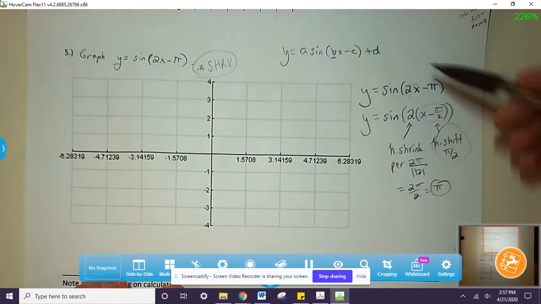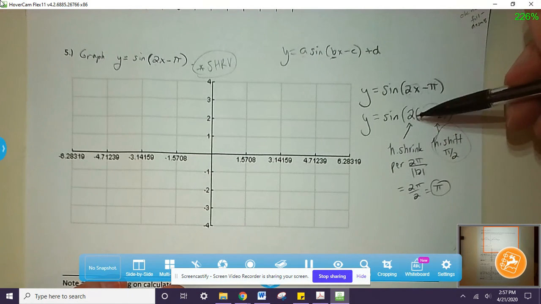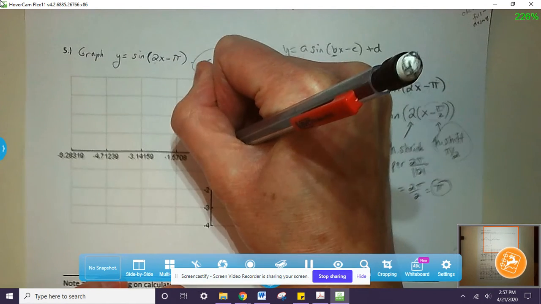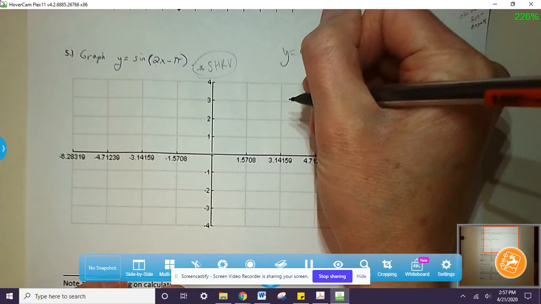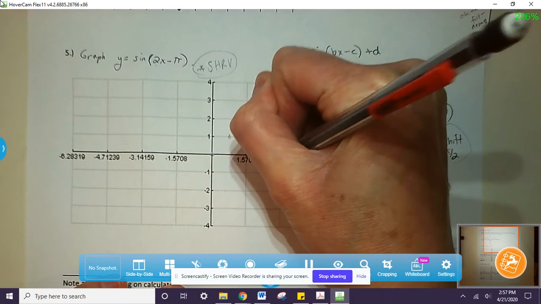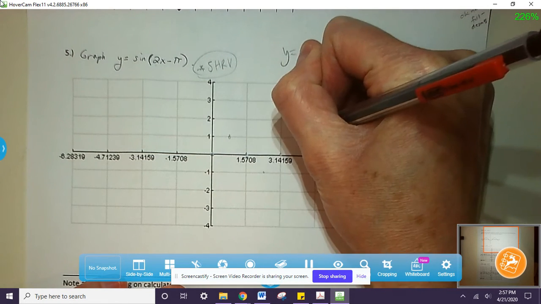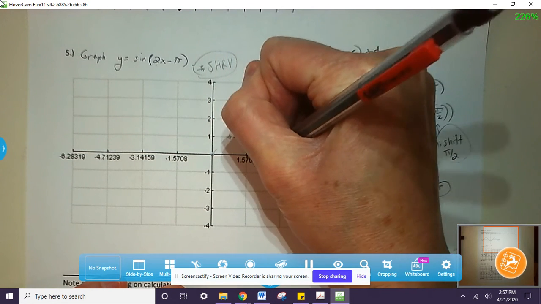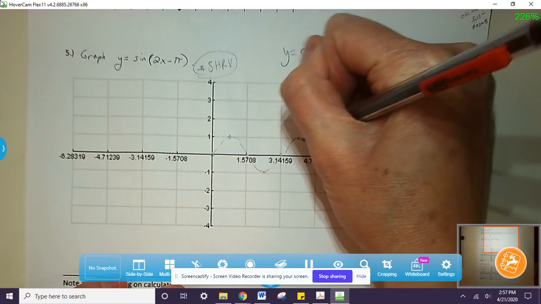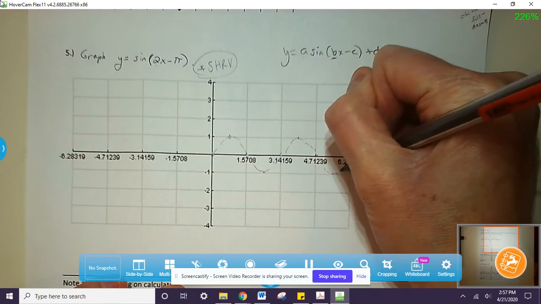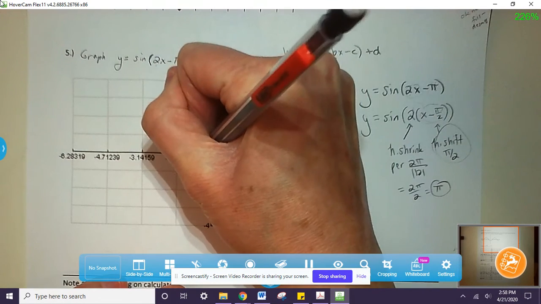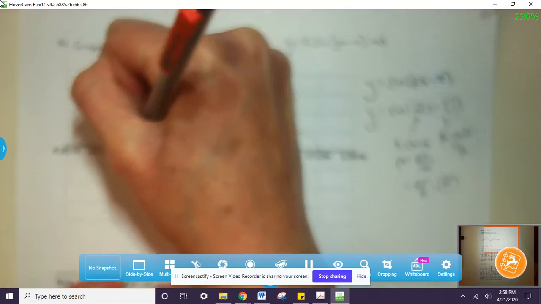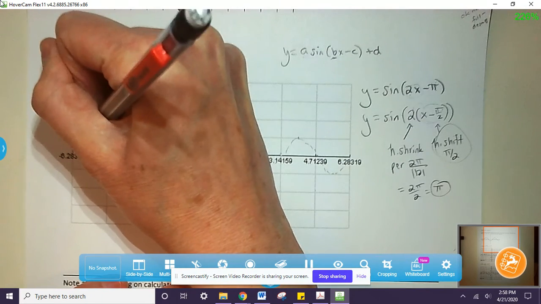So we're supposed to do a horizontal shrink of sine to make the period pi. So I know you know how to do that. So I'm just going to go ahead and get that graph going. Okay.